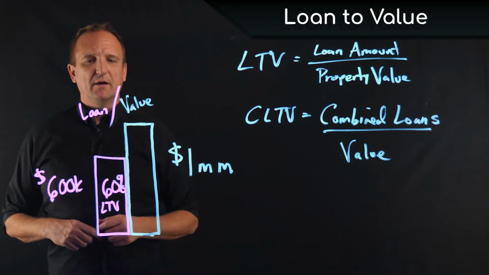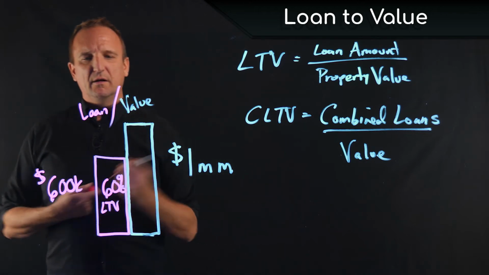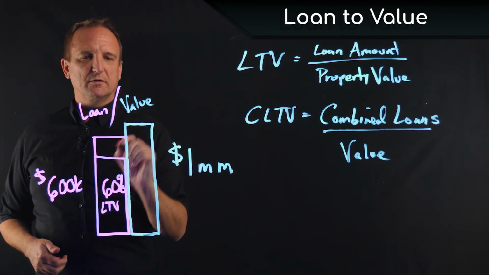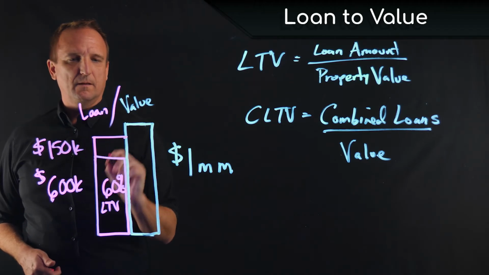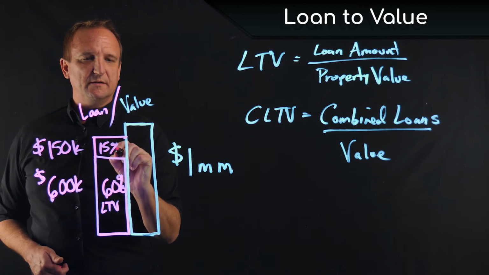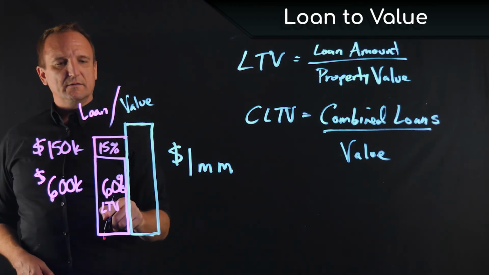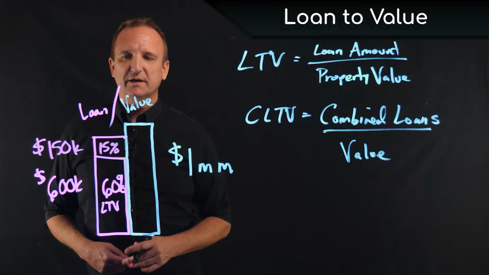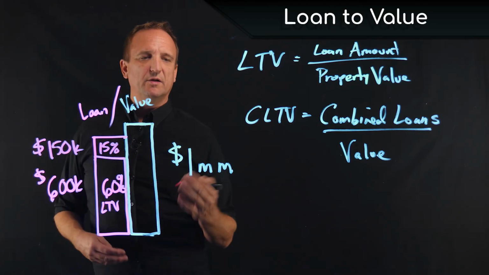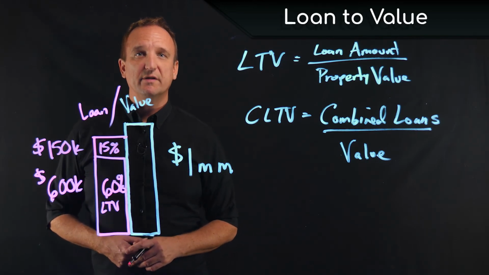Imagine we have a $600,000 first mortgage and then another second mortgage for, say, $150,000. That would be a 15% LTV, and the total combined CLTV would be 75%. 750,000 divided by 1 million. Cumulative combined LTV of 75%.